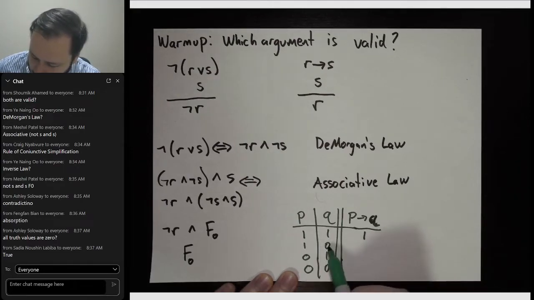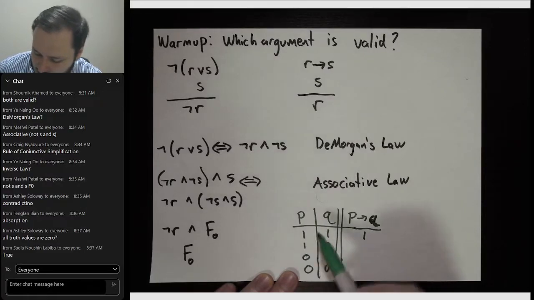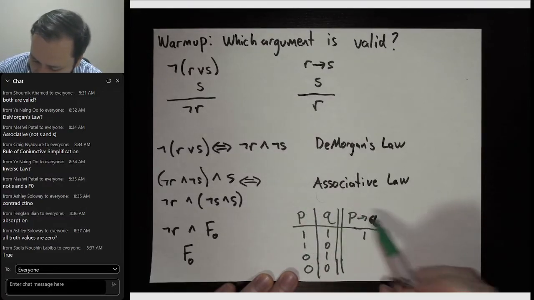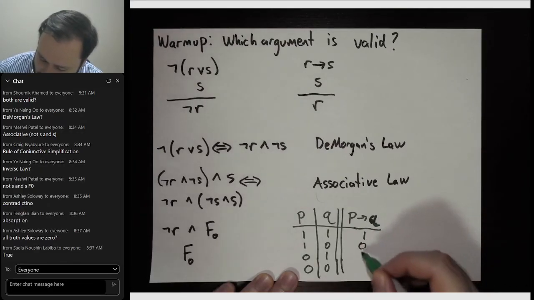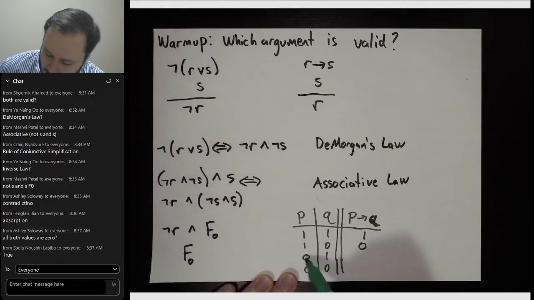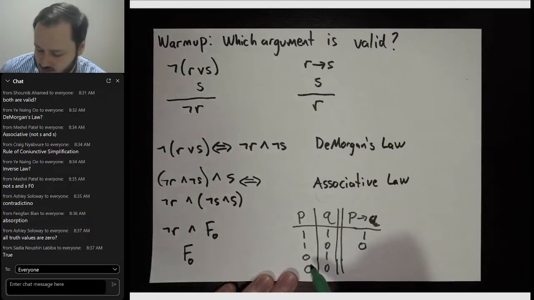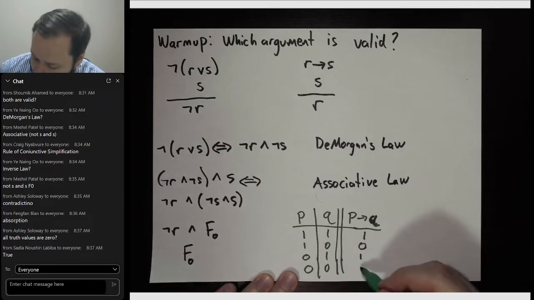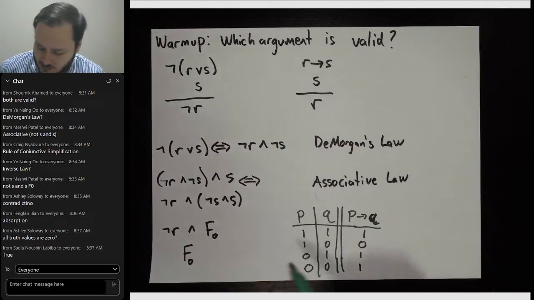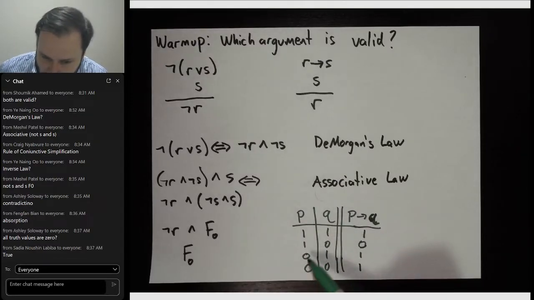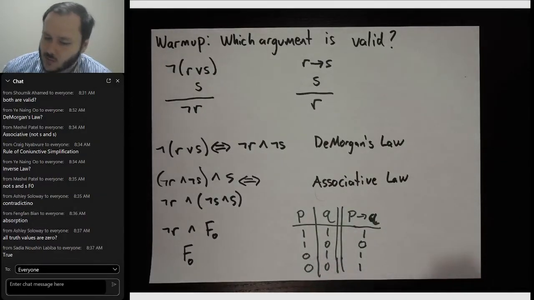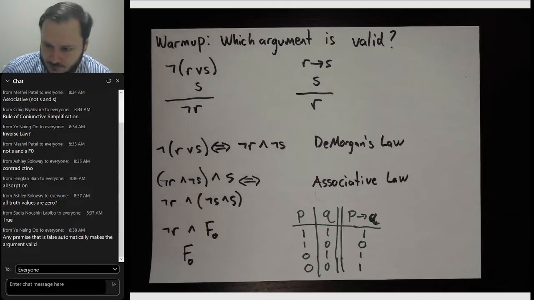If P is true and Q is false, then P held up its side of the bargain and Q broke the contract. So this is the only place where the contract doesn't work. But when P is false, when P does not hold up its side of the contract, then we say the contract is fine. Remember, this is if you do well in the class, I'll buy you a car. If you don't do well in the class, then whatever happens is fine.